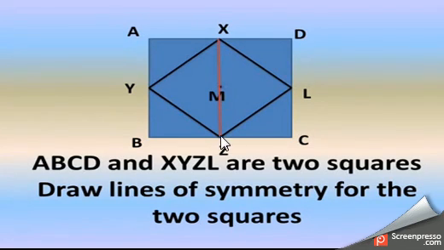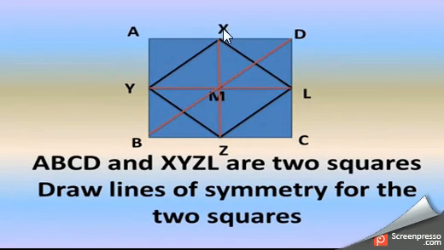This is the first line of symmetry, the first diagonal of the square XYZL, and this is the second diagonal. I consider it a line of symmetry of the square, and I will divide the side XL and the side YZ by this line of symmetry.